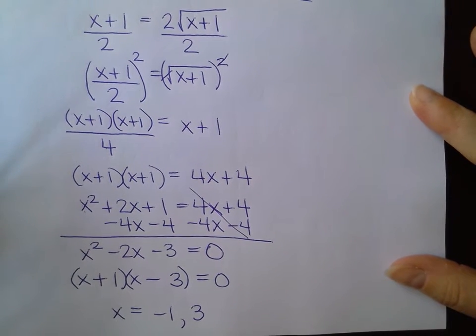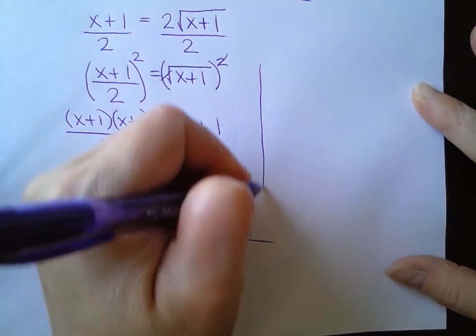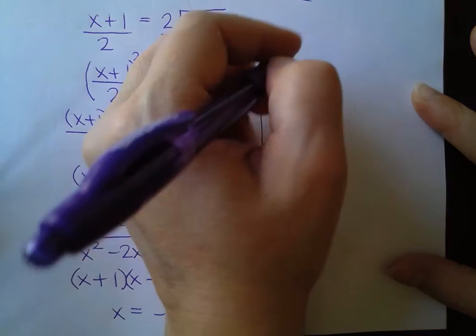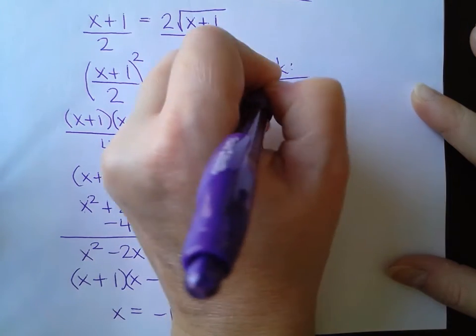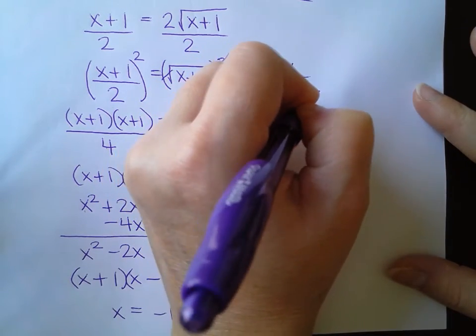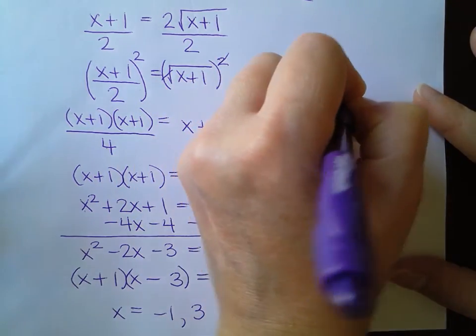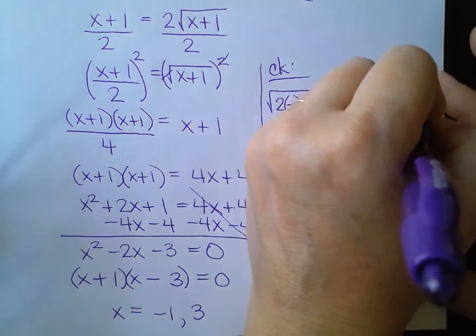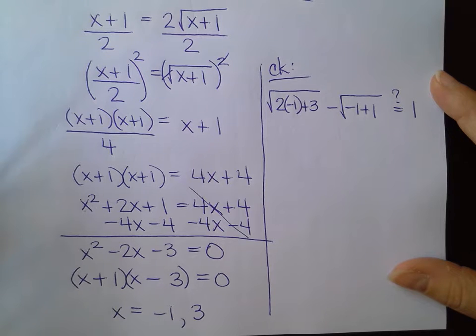All right, I don't have as much room at the top this time, so I'm just going to do it on the side here. If you have the problem written down. So first I'm going to check -1. And I'm going to plug it into the original equation to see if it works.